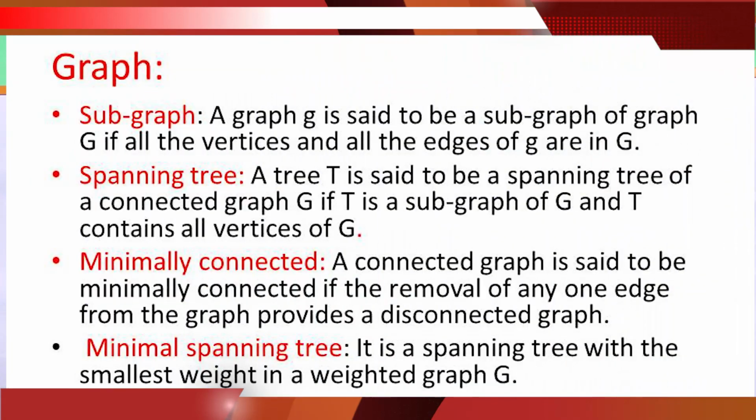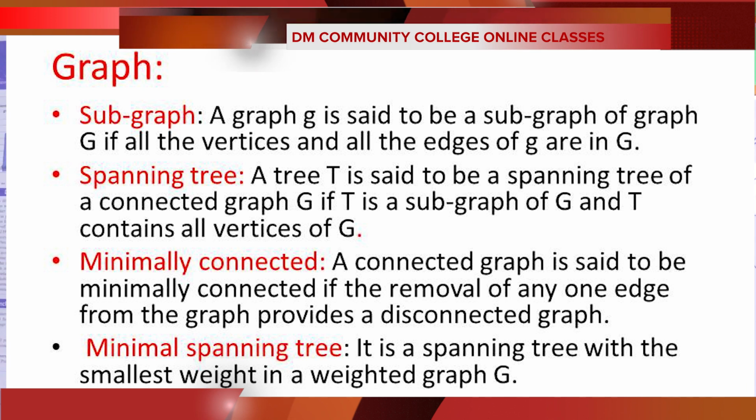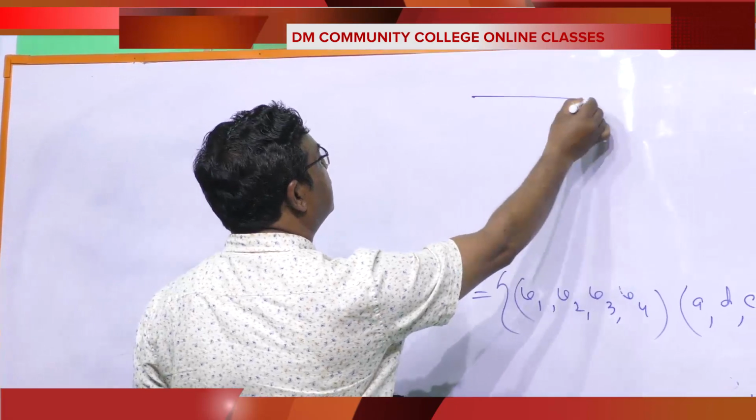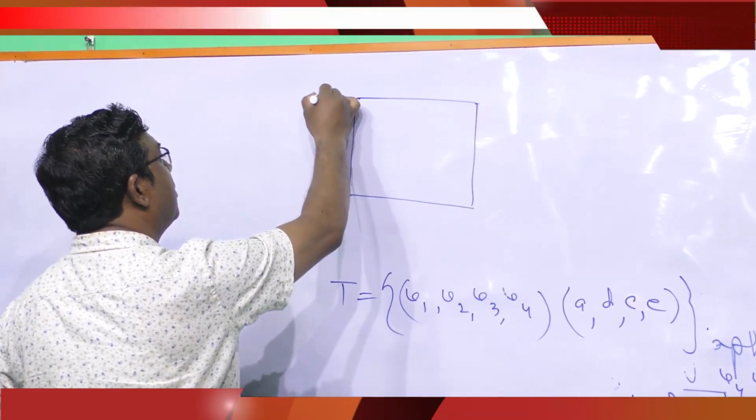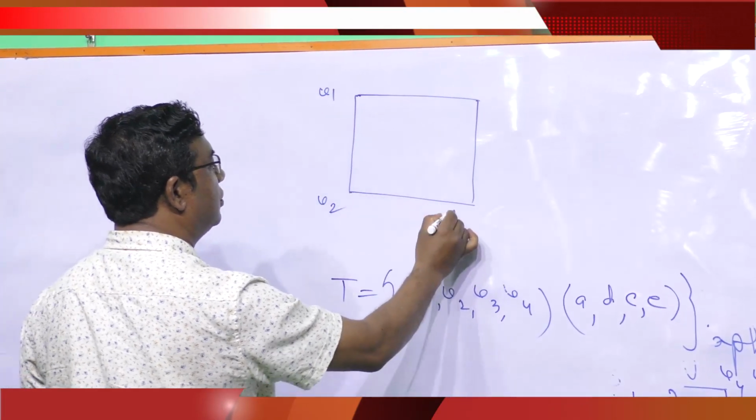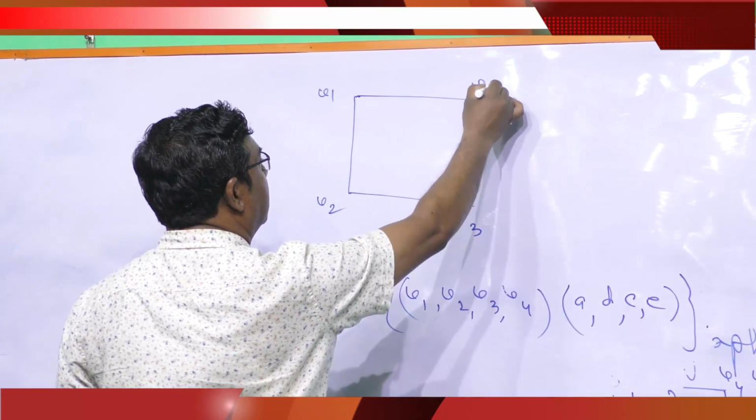Next, minimally connected. A connected graph is said to be minimally connected if the removal of any one edge from the graph provides a disconnected graph. Suppose this is a graph, say B1, B2, B3, B4.